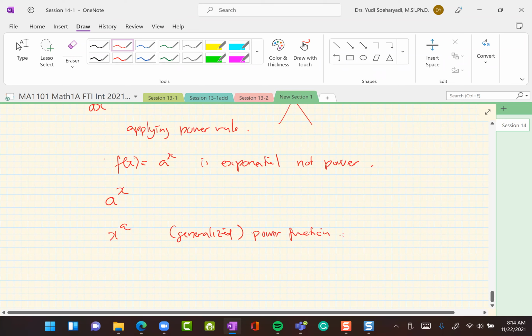So when you take the derivative of x to the a, the power a is fixed. This is the variable, this is fixed. Okay, in this case, that's true, you multiply by the power and reduce the power.